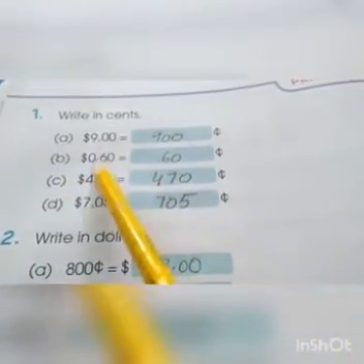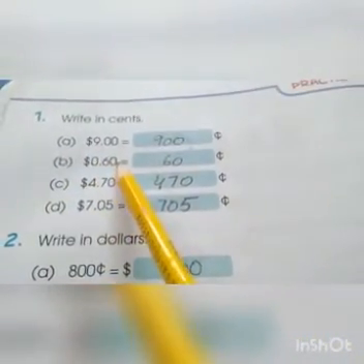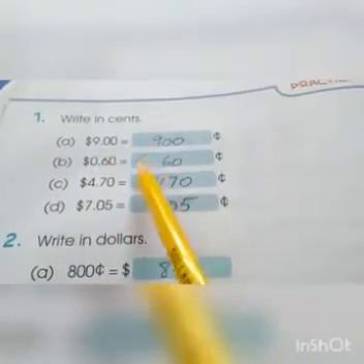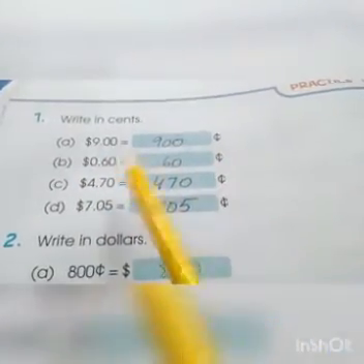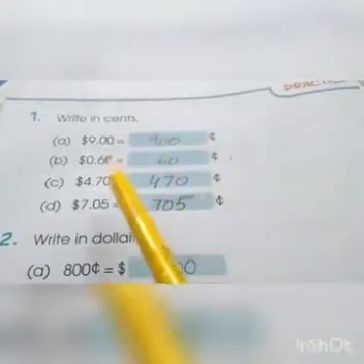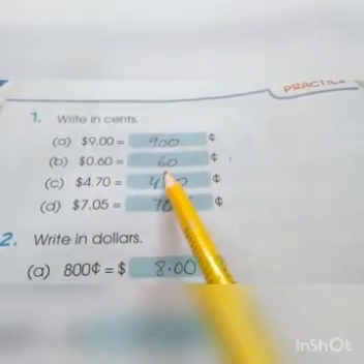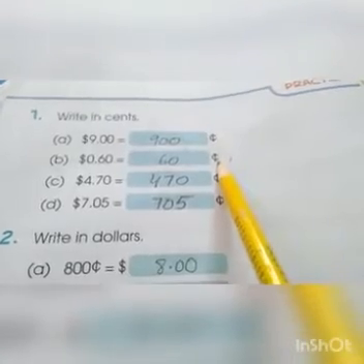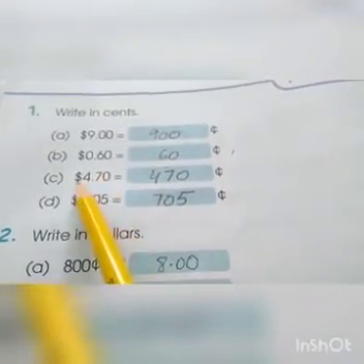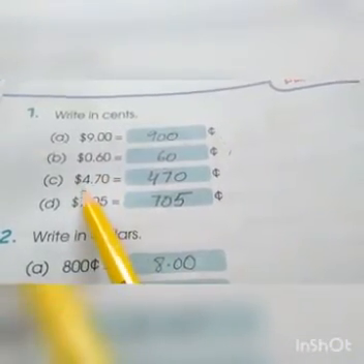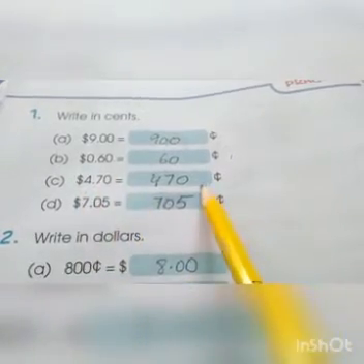Part B, $0.60. We have to multiply by 100 to convert dollars into cents. 0.60 multiplied by 100 is equal to 60 cents. Part C, $4.70 is equal to dash cents.